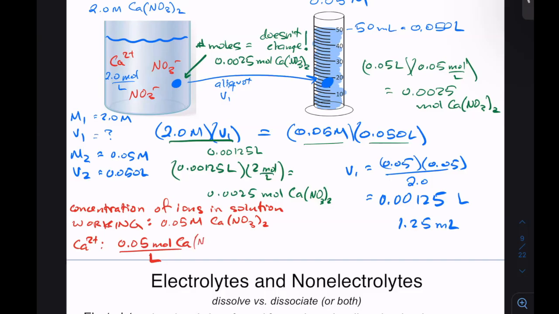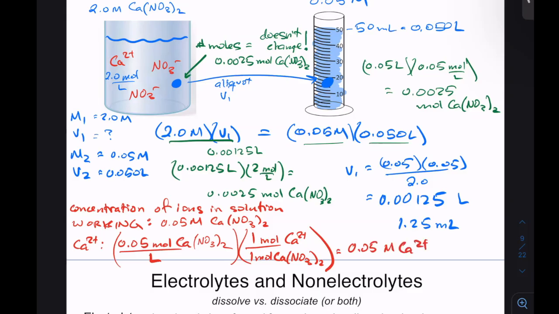This is calcium nitrate, and let's put another term in here that shows that for every 1 mole of calcium nitrate, that dissociates into 1 mole of calcium ions. All right, so if we do that math, well, that's just 1 to 1. So we know now that we have 0.05 molar concentration of just calcium 2+ ions, if that's what we were interested in. If we did this for nitrate ions, what do you suppose the concentration of nitrate ions are in the working solution?